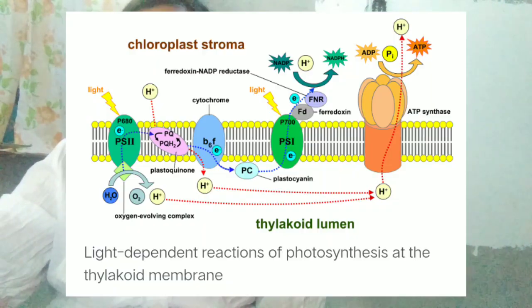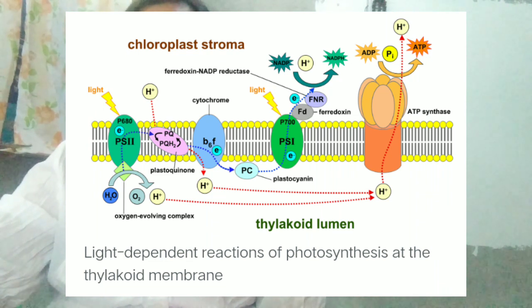The electrons are re-energized in photosystem 1, and the high-energy electrons reduce NADP+ into NADPH.